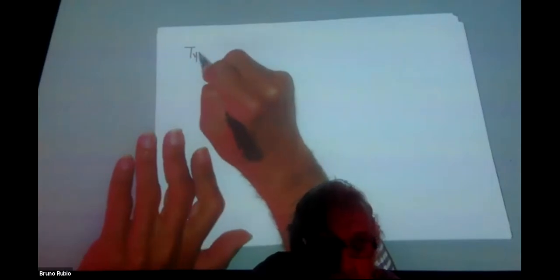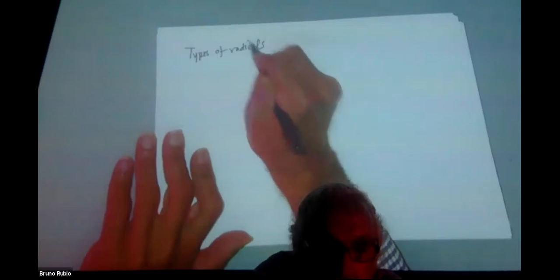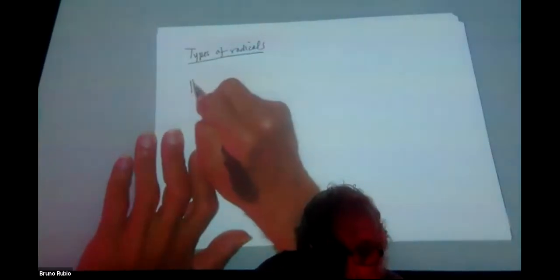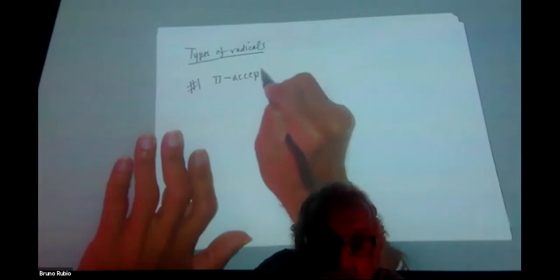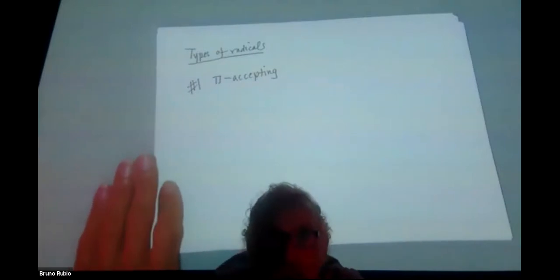Okay, so let's talk about the different types of radicals. Two kinds. Kind number one is called a pi accepting radical. We'll say why it's called that in a second. But the pi accepting radical atom is sp2 hybridized and planar.